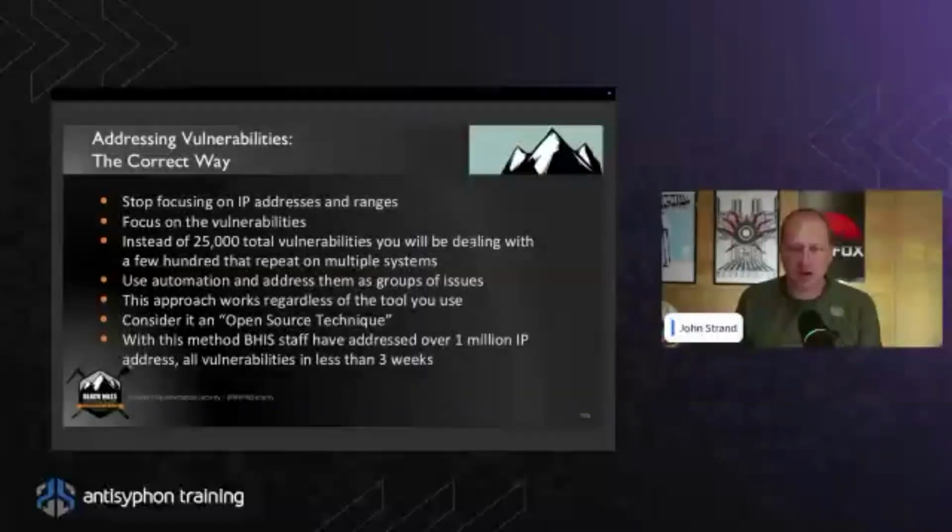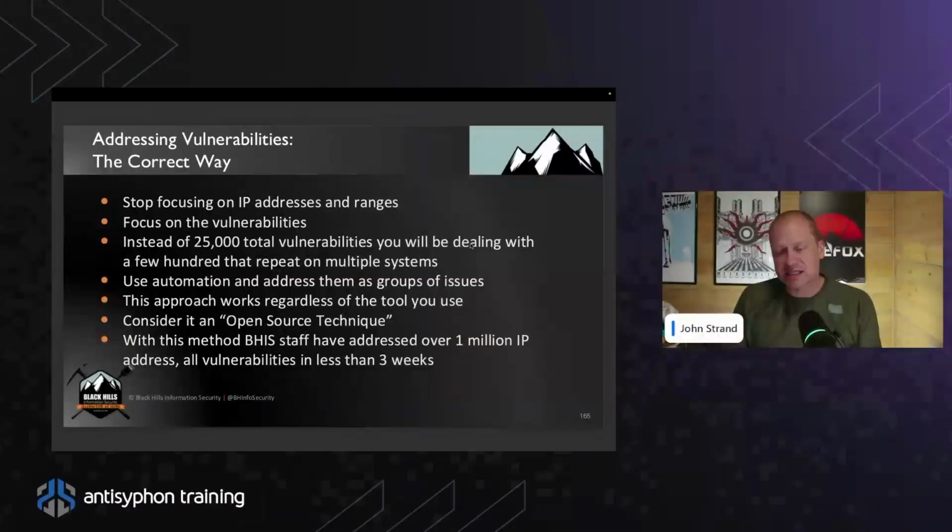If we group by the plugin ID or by the vulnerability, we can go through this with 2 testers in 3 weeks. That's every vulnerability: all criticals, highs, mediums, and lows. We can do it in 3 weeks with 2 testers.